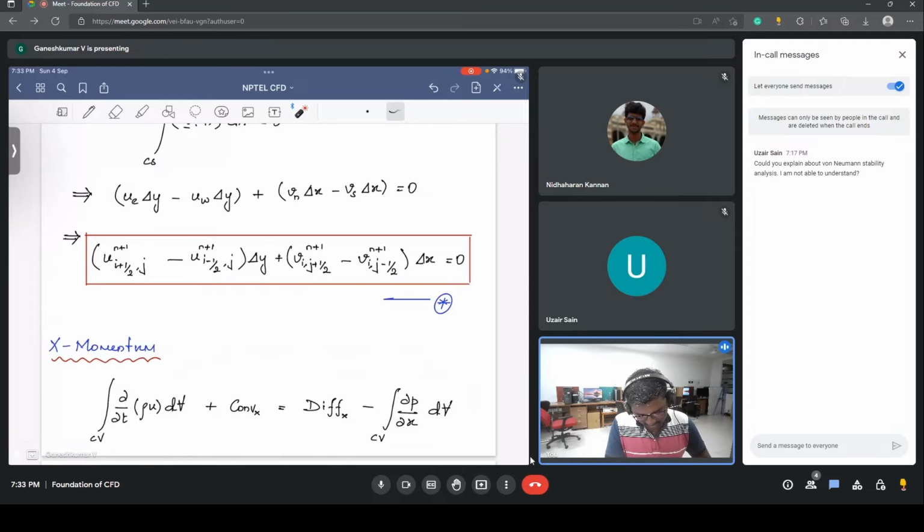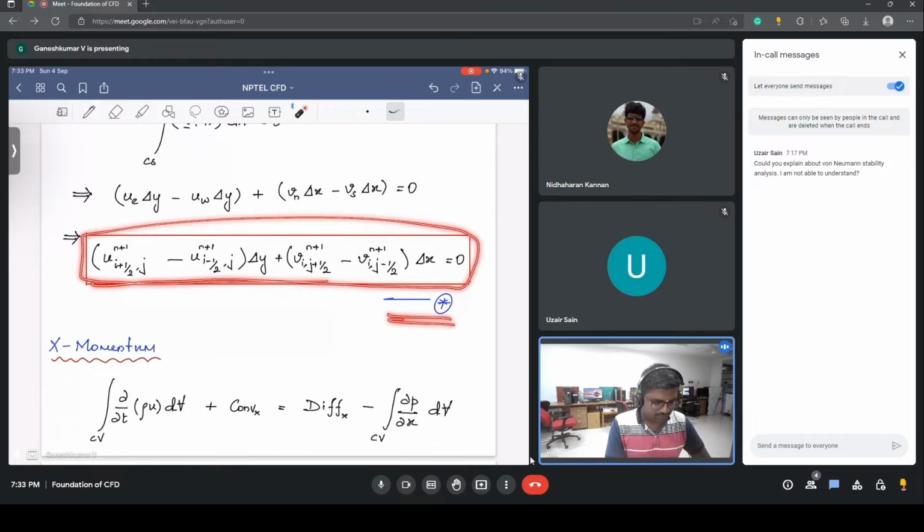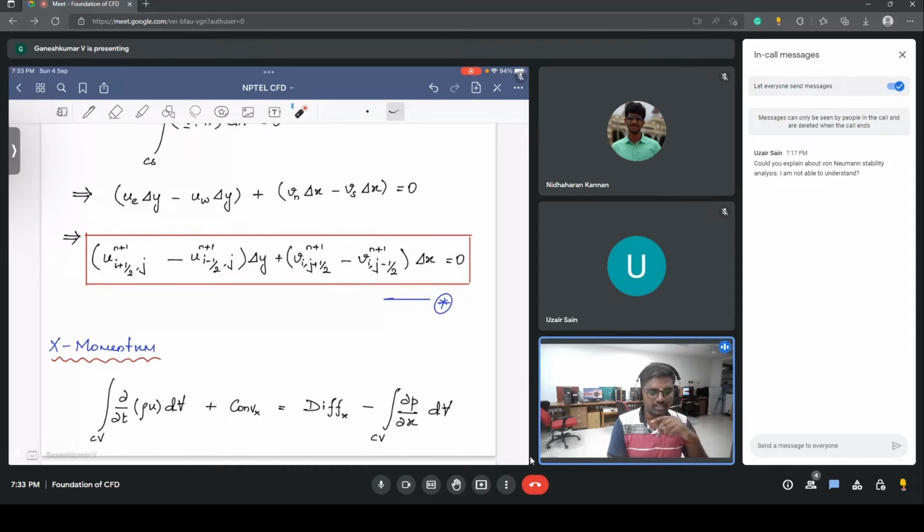If we change u_e and u_w in terms of i and j, we end up with this star equation, the discretized continuity equation. I have discretized it implicitly, because I'm taking the values at the n plus 1 time step, which is the present time step. This is how you discretize a continuity equation in a finite volume formulation.